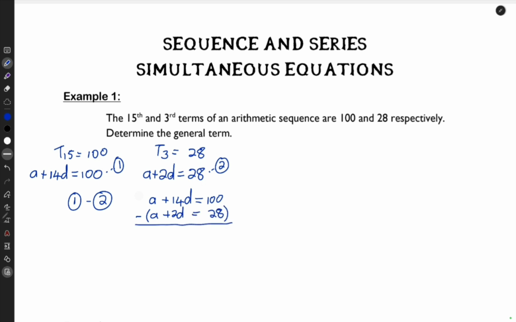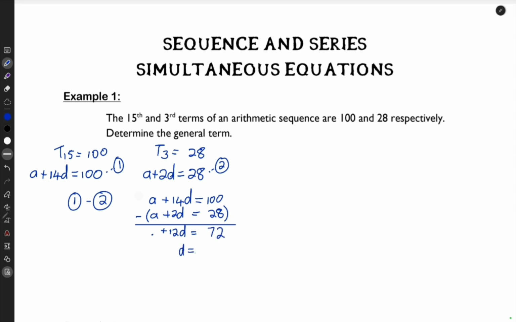It looks a bit strange that I'm putting a bracket around the whole equation, but it's just for you to see that I'm subtracting all three of those columns from each other. So 1a minus 1a gives me 0a, so I'm not even going to write an a there. Now, 14d minus 2d gives me 12d, positive, and 100 minus 28 gives me 72.